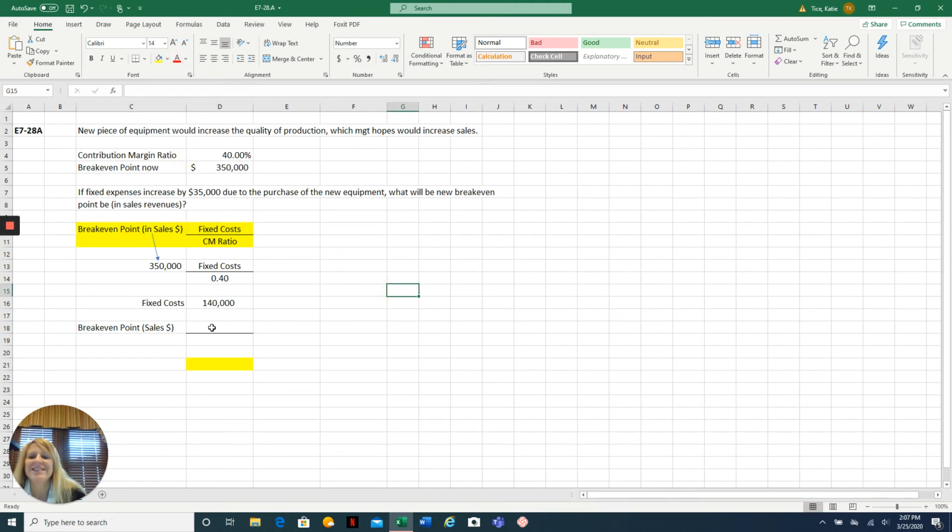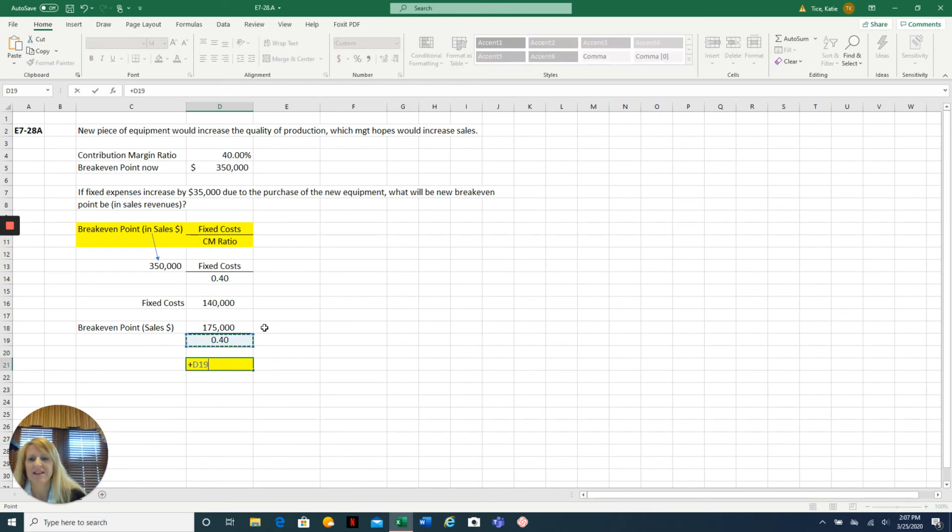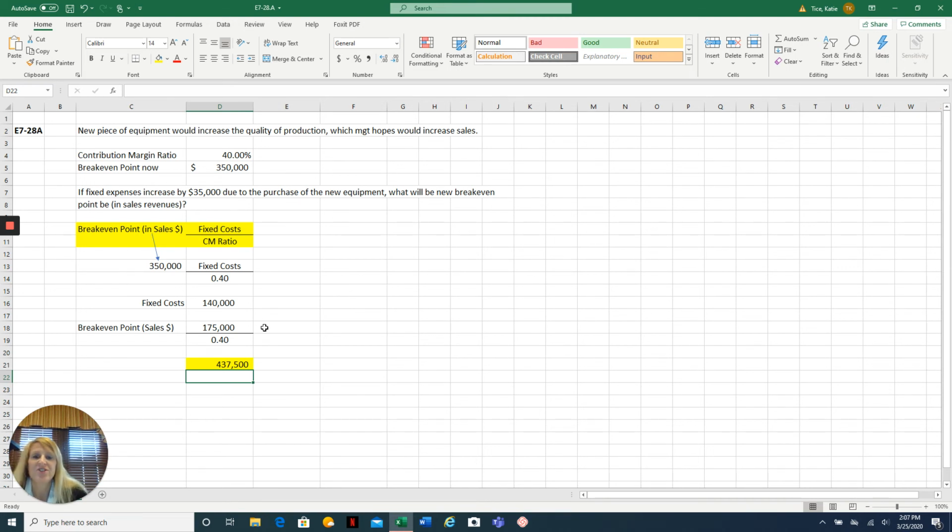Okay, so we still want to use the break-even point formula, but now if we purchase the new machine, instead of having fixed cost of $140,000, our fixed cost will be the $140,000 plus $35,000. Again, still divide by 0.4, and this is $437,500, which is the answer.